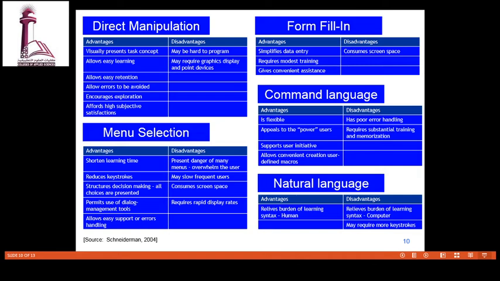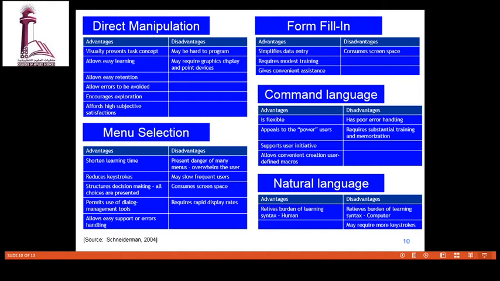It may also slow the frequent users, because if they use commands, they can do it quickly. But here they have to select the menu and then submenu and then submenu, like that. So it may slow down the frequent users, and it consumes screen space.